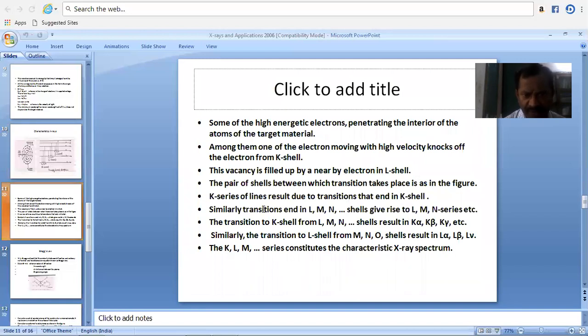K series of lines result due to transitions that end in the K shell.